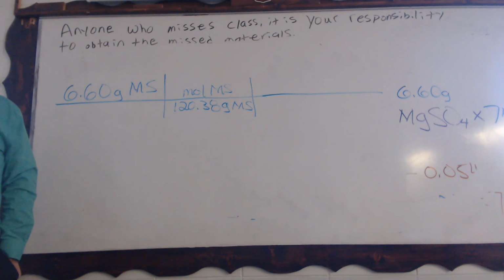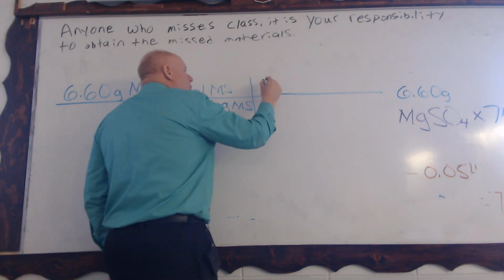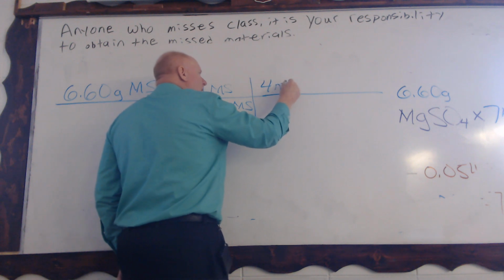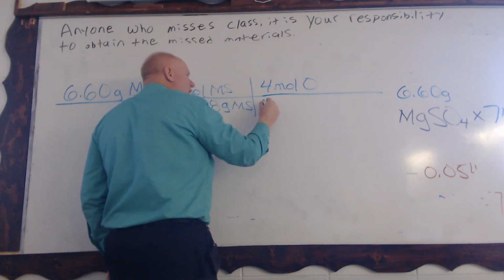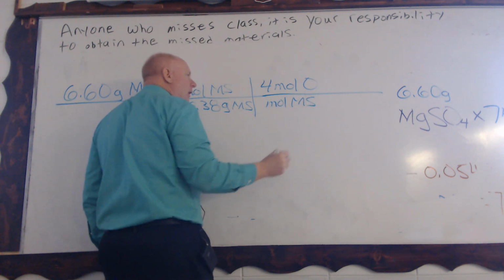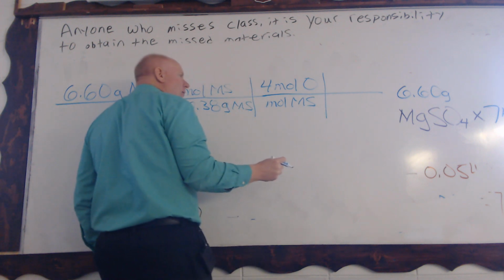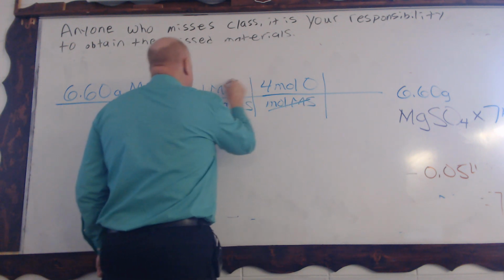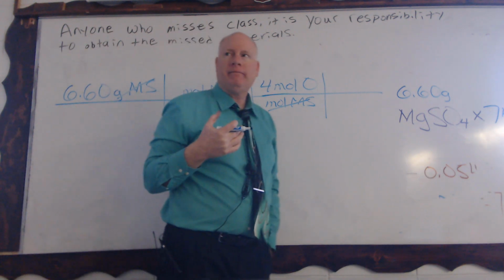There's 4 oxygens, so we can make this presumption that for every 4 moles of oxygen, we're still dealing with 1 mole of magnesium sulfate. Okay? Then our final step is, now that all of these have canceled, what substance are we dealing with?